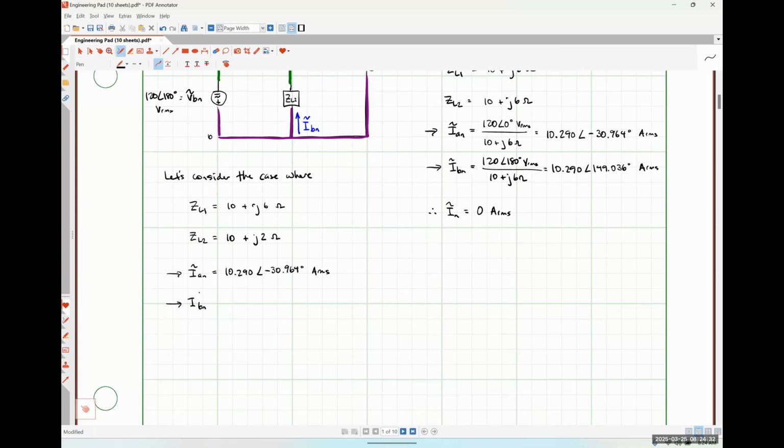Somebody else tell me how we'd find IBN for this guy. Yeah. So 120, angle 180 degrees, volts RMS divided by 10 plus J2.